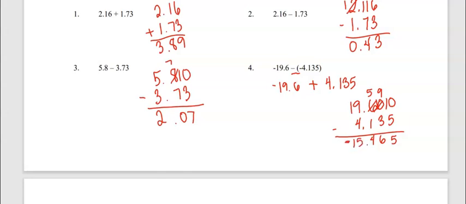But the answer is negative because my larger number was negative. So after I subtract, I should know that I had more negatives, giving me an answer of negative 15 465 thousandths.